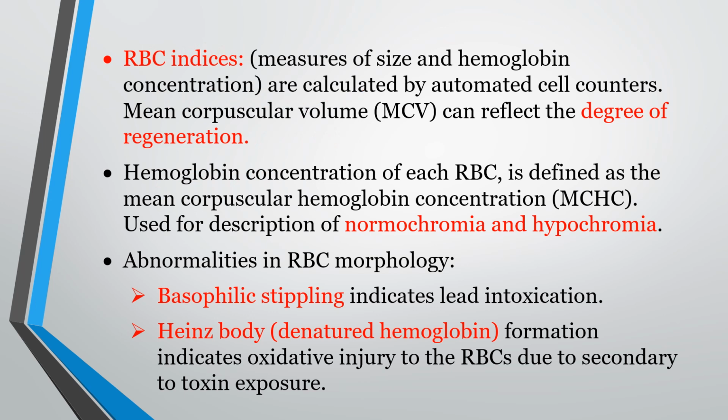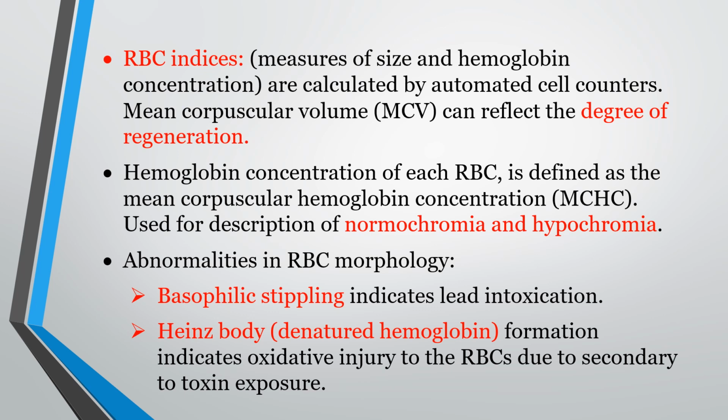The RBC indices, the size of RBC and hemoglobin concentration, are calculated by automated cell counters, and from that we can derive mean corpuscular volume, the size of RBC, that can be useful in the diagnosis of regeneration of RBCs.